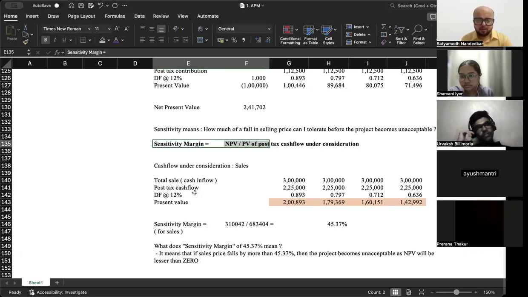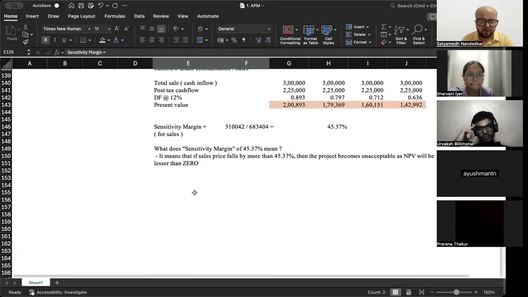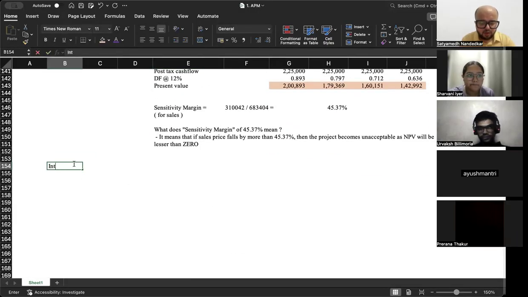Now, let's look at one more method of appraising investments, which is your internal rate of return, or IRR.